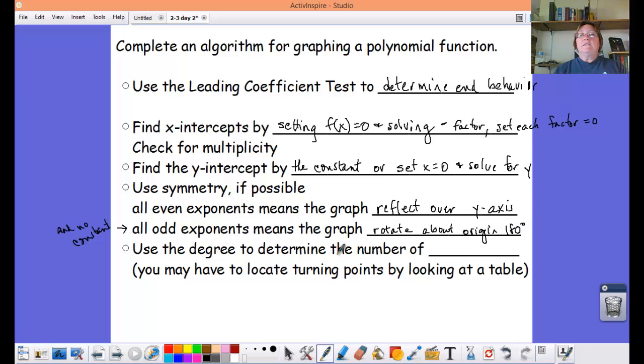Use the degree to determine the number of turning points. And you probably will have to locate turning points by looking at a table. Don't forget that the table will help you with the intermediate value theorem, which tells you that when the table changes from positive to negative or vice versa, you've isolated a root.